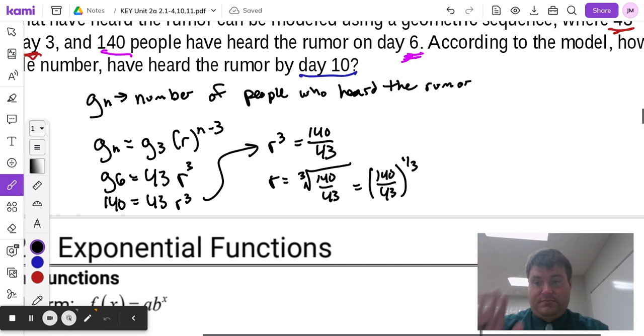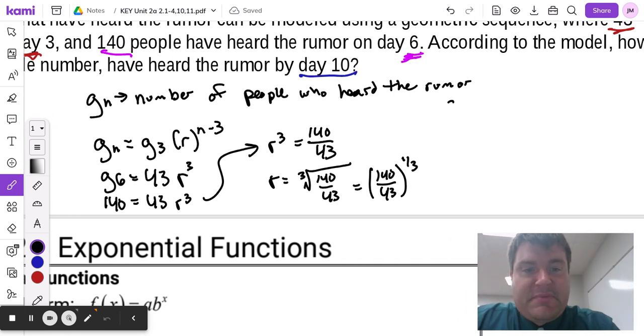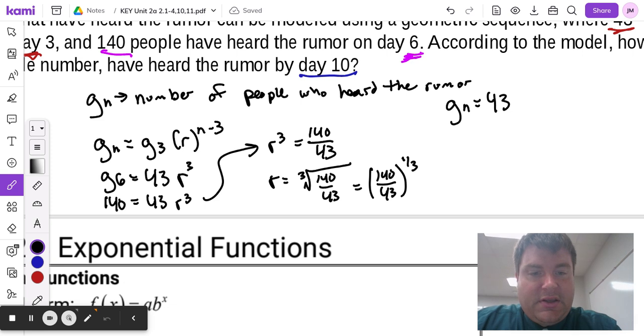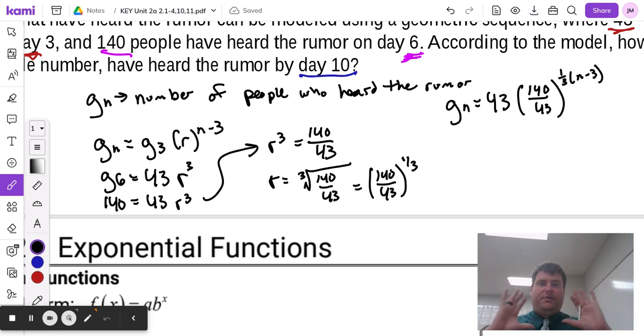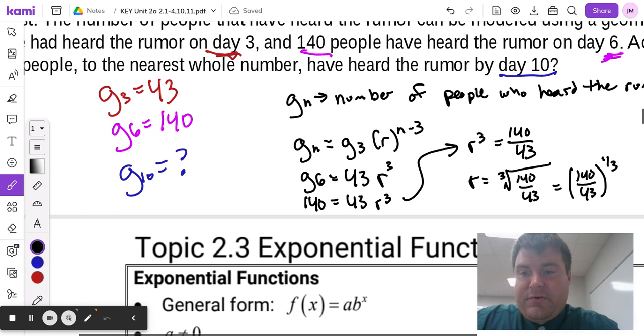Just so you know. So for G sub n, I have G sub 3, which is 43, times 140 over 43, all to the 1/3 of n minus 3. So I just pulled that 1/3 up. Now I'm looking for G sub 10.